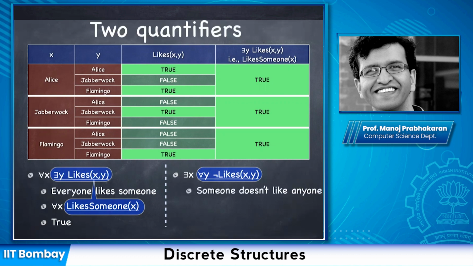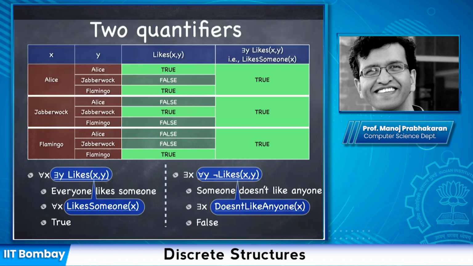In English, that says there is someone, there exists x, such that for every y, x doesn't like y, right? So this x doesn't like anyone. So there is someone who doesn't like anyone. So there exists x who doesn't like anyone, right? So doesn't like anyone is the predicate.